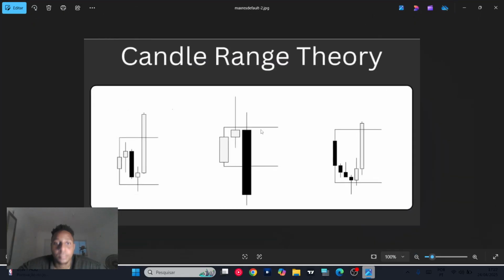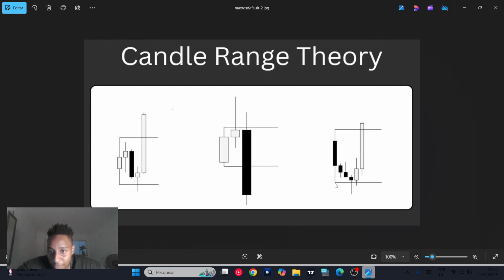But if we can see it here, price came, took the liquidity of the high. Sorry, in this case, price first took the liquidity of the low here and then came up all the way up. Here in this case, price took the liquidity of the high and then price fell.